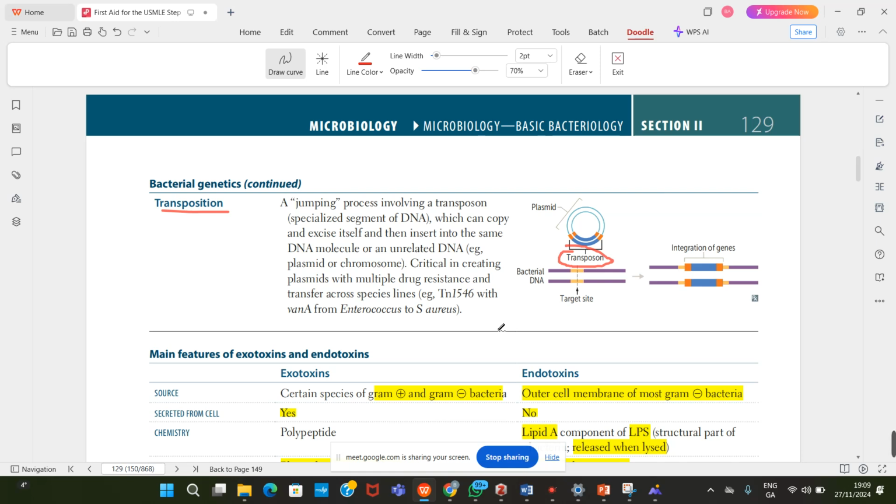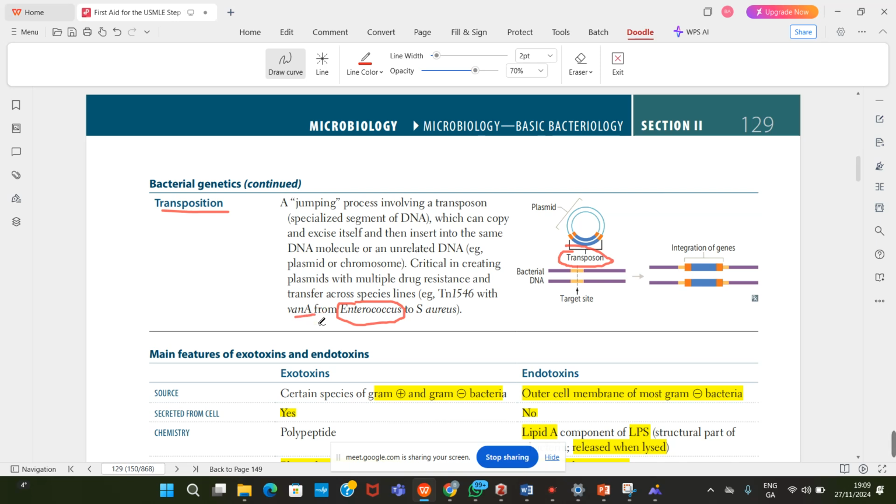For example, you can have Enterococcus containing a plasmid, and the plasmid has a transposon, and maybe this transposon encodes resistance against vancomycin.